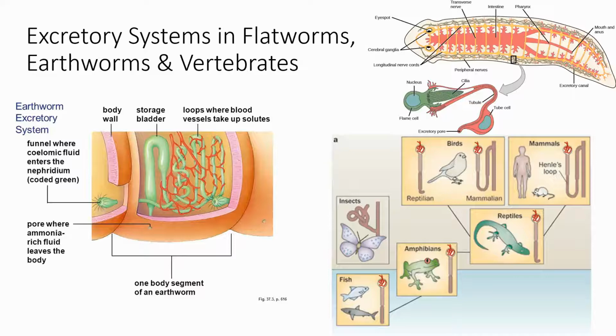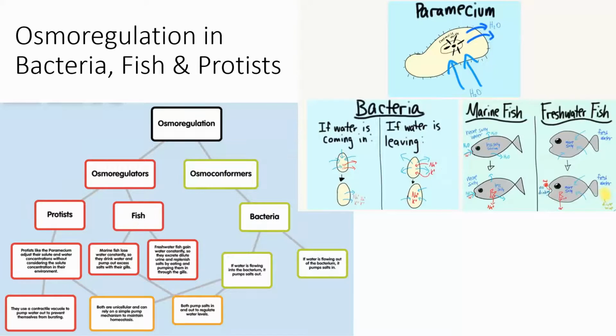There is similarity even between the excretory systems of vertebrates and invertebrates, insects and fish. And then you can also see how these got modified as you evolved into more complicated organisms. So that's some evidence of common ancestry as well.